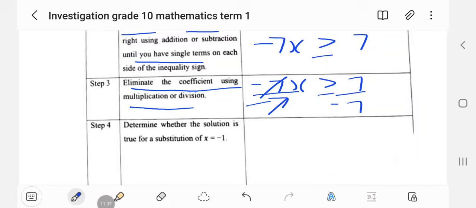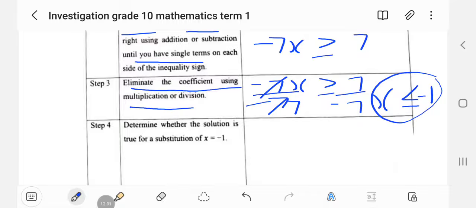Now, the fact that we divided by minus 7, which is the coefficient of x, the direction changes. So x is minus 1, our answer right there. Determine whether the solution is true for a substitution of x equals minus 1.